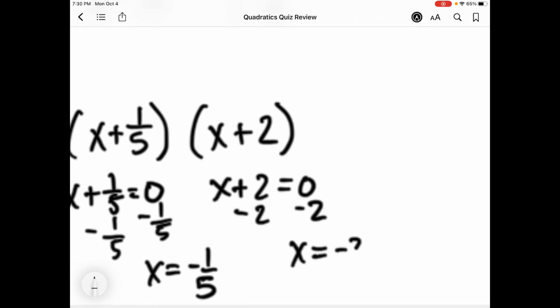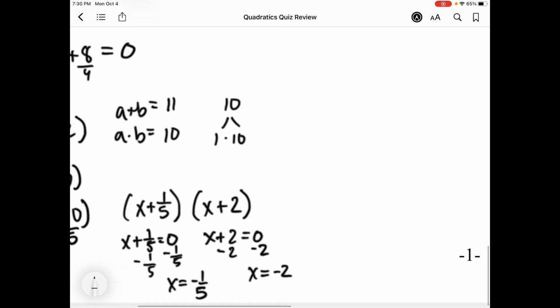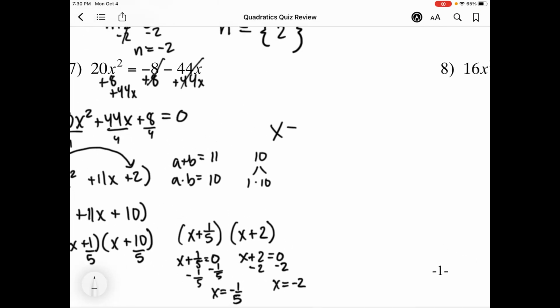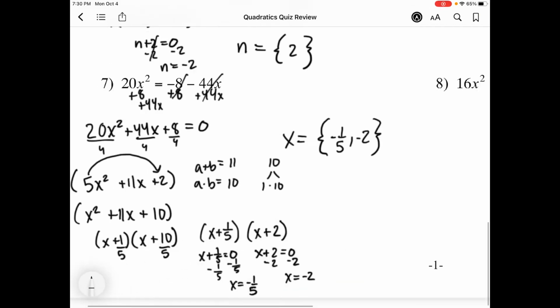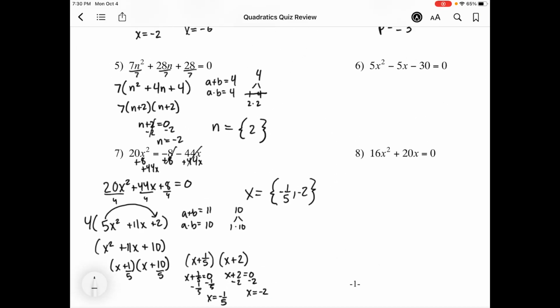You get x equals negative 2. So those are our two solutions right there: x equals negative 1 over 5, comma, negative 2. All right, I hope that made sense.